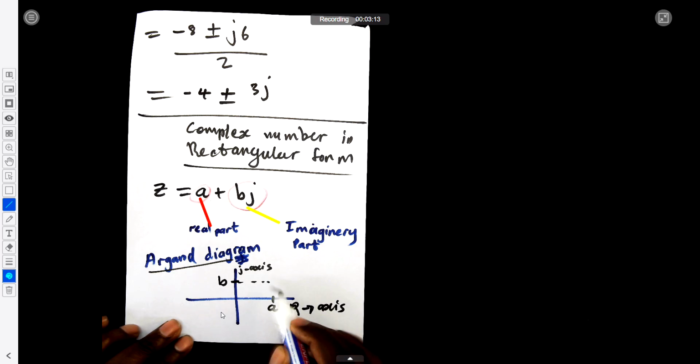When you join them, you'll subtend the line to the point O, point 0.